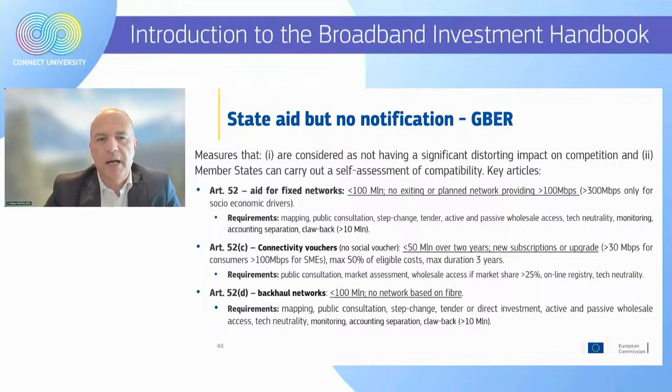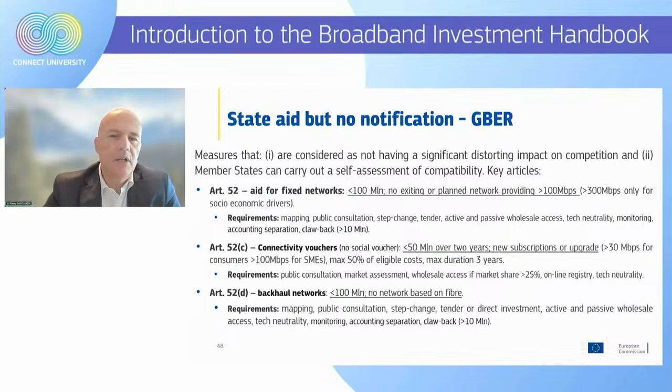The GBER are measures that are considered as not having a significant distorting impact on competition, for example, because the budget is limited, and for which the member state can carry out a self-assessment of the compatibility because they are not particularly complex. So we can trust that the member state, there is enough case practice, and they can carry out this assessment by themselves.